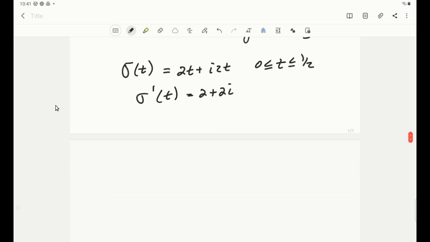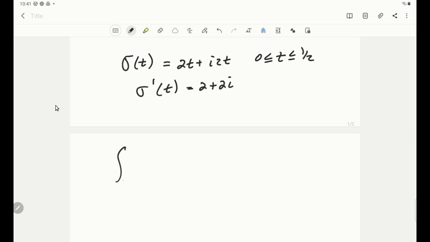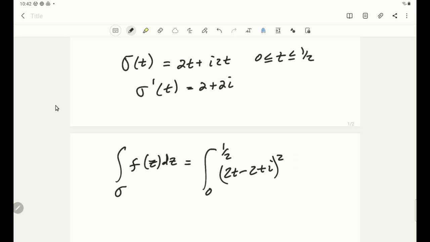Okay, so now if we do that integral, if we're doing the integral over sigma of f of z dz, that's equal to the integral from 0 to 1/2 of 2t, we need the conjugate again, so minus 2ti, squared, and then times 2 plus 2i dt.